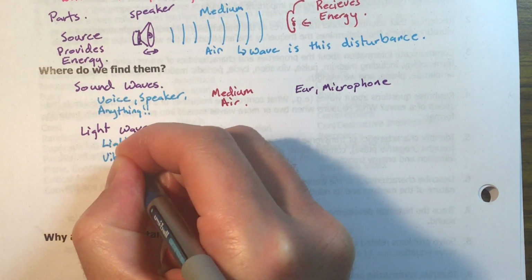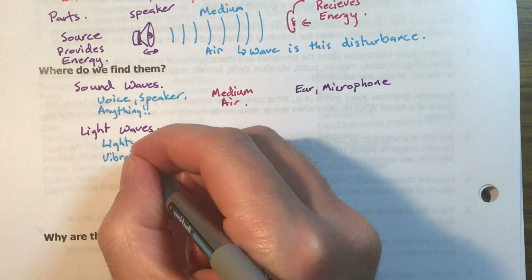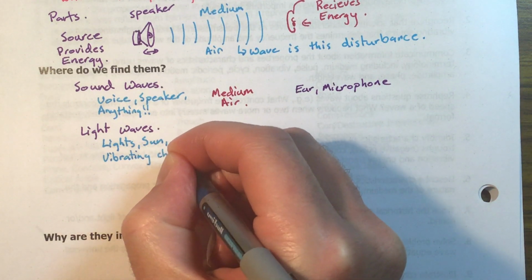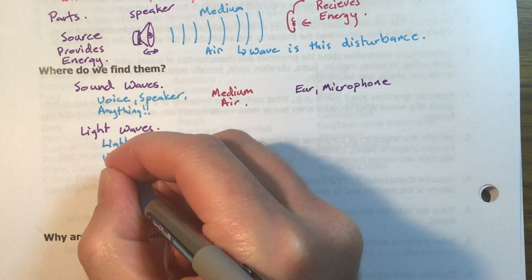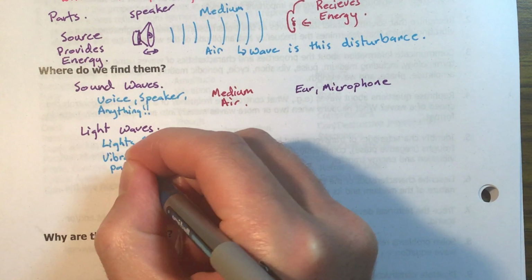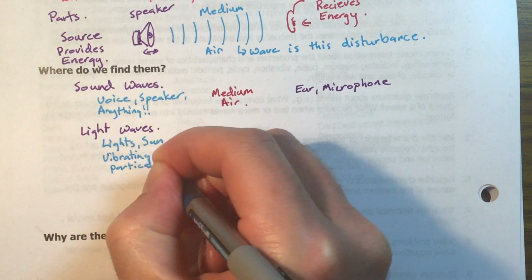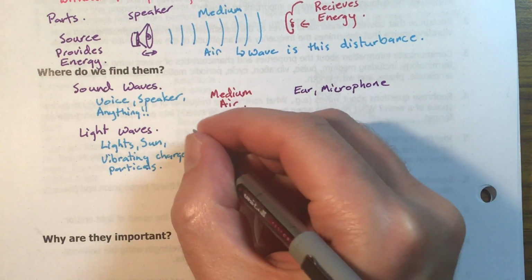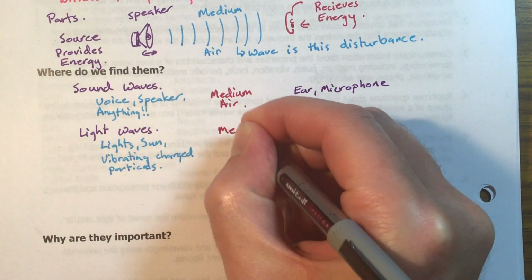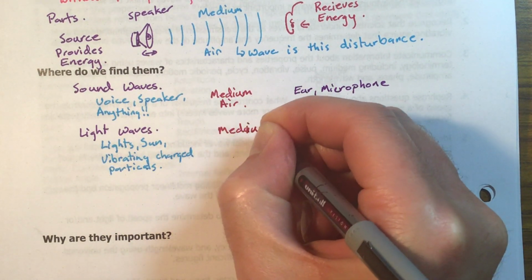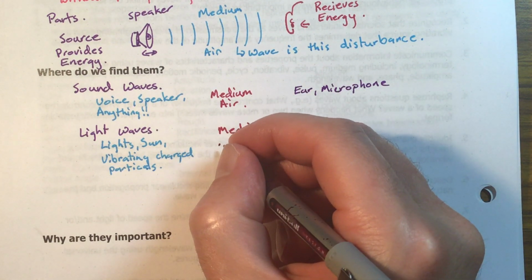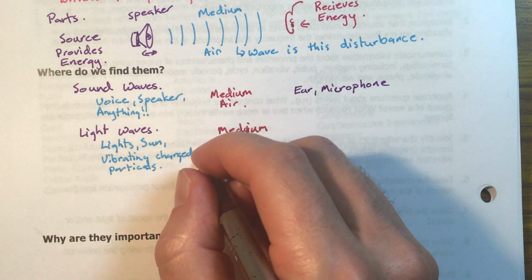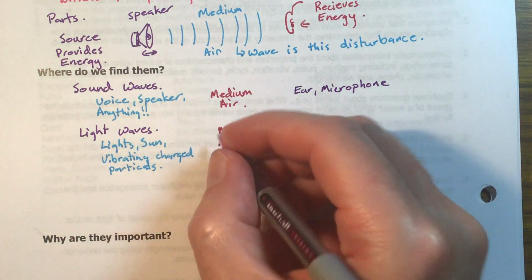They come from vibrating charged particles, electrons or photons. The medium for the light wave is called the electromagnetic field.